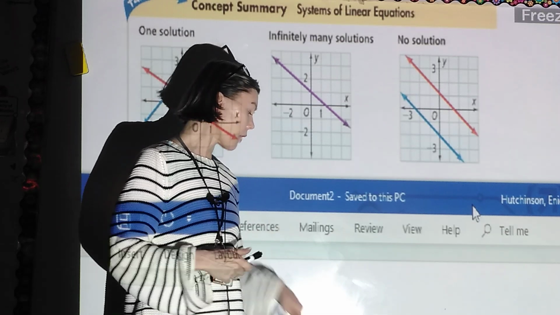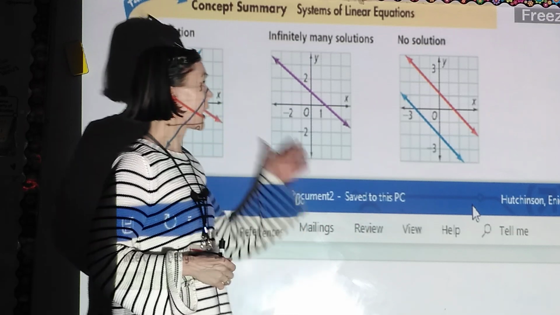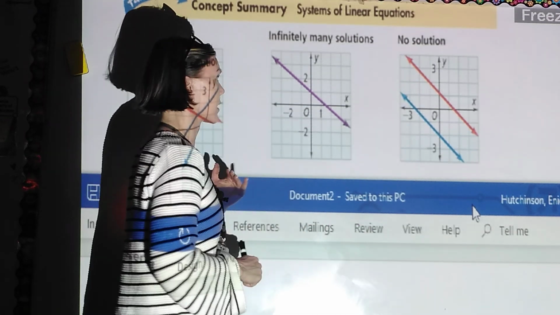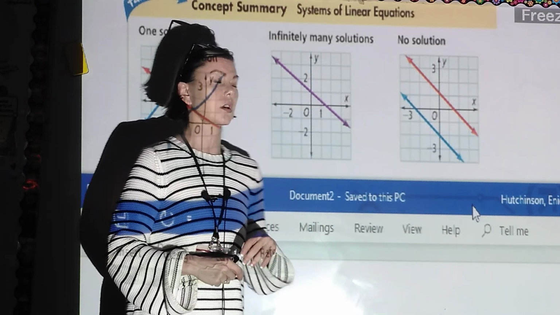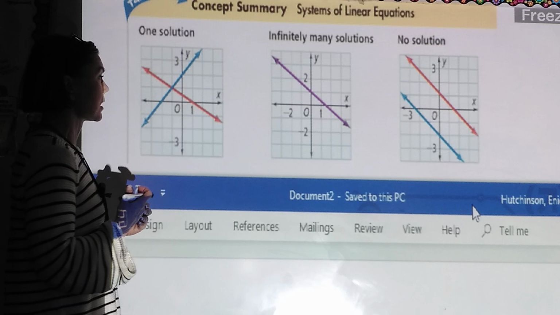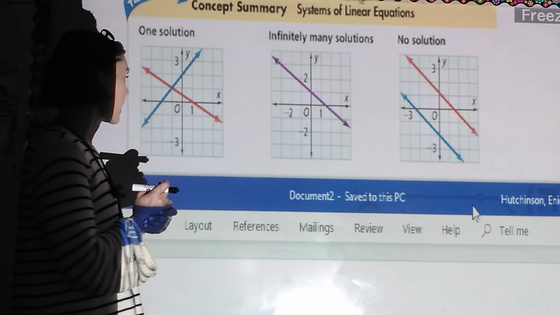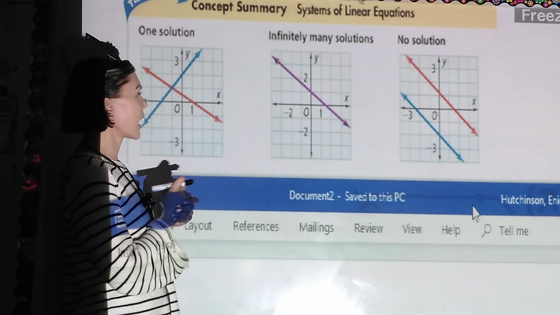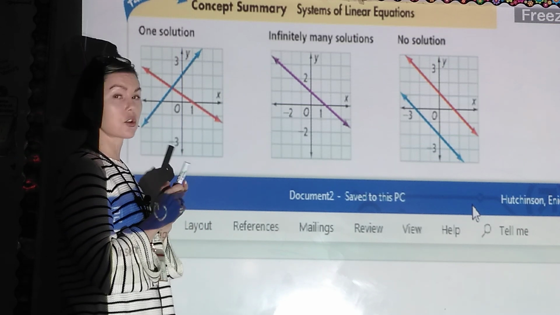So when we're solving a system of equations, we're going to do it by graphing, substitution, and elimination. This video discusses graphing and substitution first. As you can see here on the graph, there are three possibilities, and it would really be to your benefit to draw all three of these graphs in your notes.